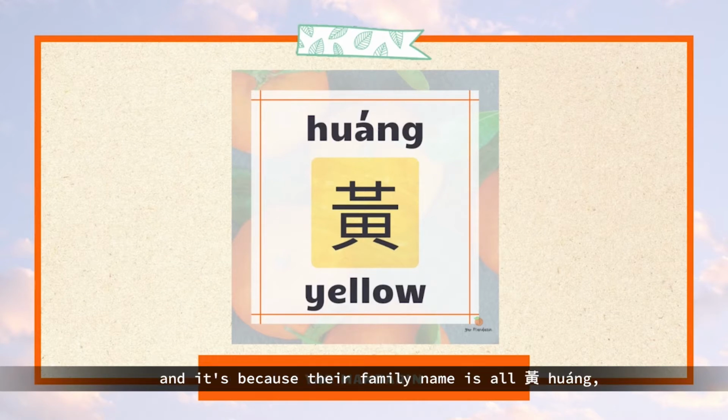It's because their family name is all Huang, but they speak different dialects of Chinese. It's common in Chinese that the same pinyin but different words, or different pinyin but the same word. If you are interested, welcome to check Huang from Wikipedia. I leave the link in my description.